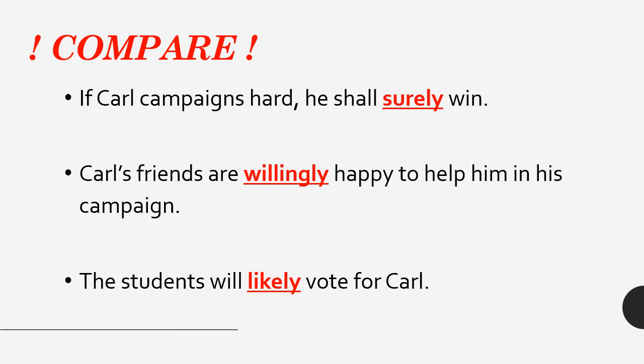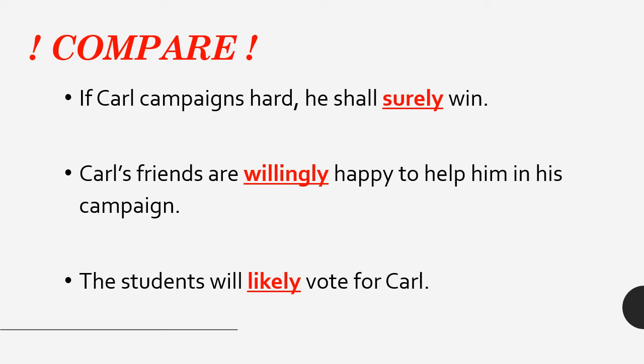So let's try to compare the following sentences so you can see what I mean. Okay? So first sentence, let's read. If Carl campaigns hard, he shall surely win. Okay? Second sentence. Carl's friends are willingly happy to help him in his campaign. Third sentence, the students will likely vote for Carl.